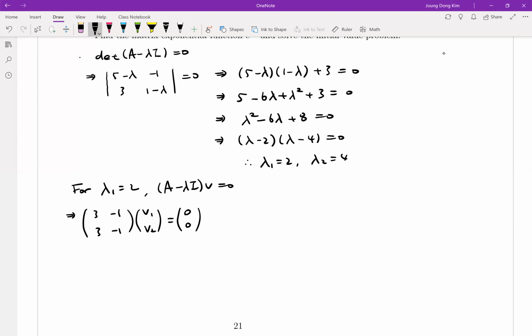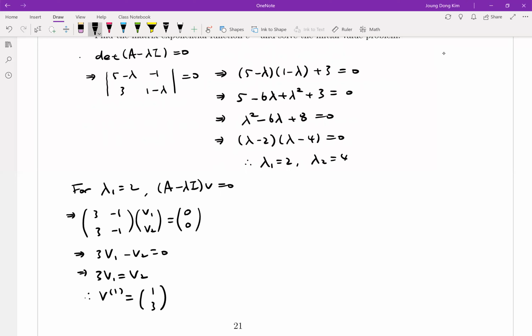From this we can easily find the relation between v1 and v2. Move to the right-hand side. That's it. Then my first eigenvector, when I set v1 equal to 1, has v2 equal to 3. This is my first eigenvector.